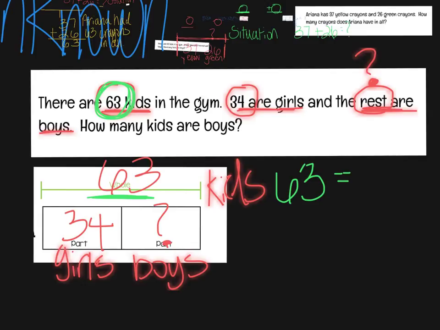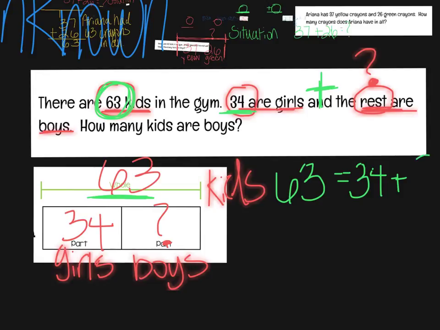Now, let's keep going. What's my next number? Good, 34. Okay. 34 are girls, and remember what that "and" tells me? It tells me plus, because my part plus my part equals my whole. So then it's 34 plus, and what do I put next?